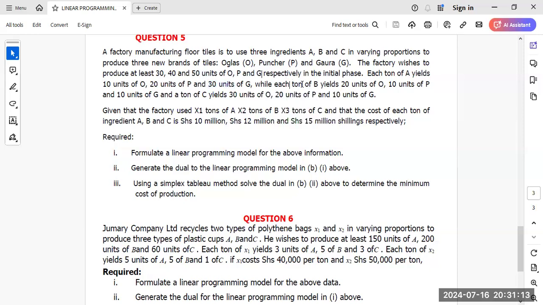And they are telling you that each turn of B yields 20 units of O, 10 units of P, and 10 units of G. Then a turn of C yields 30 units of O, 20 units of P, and 10 units of G.